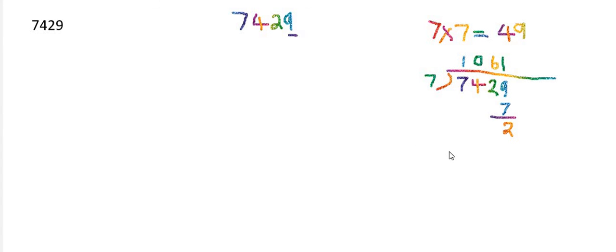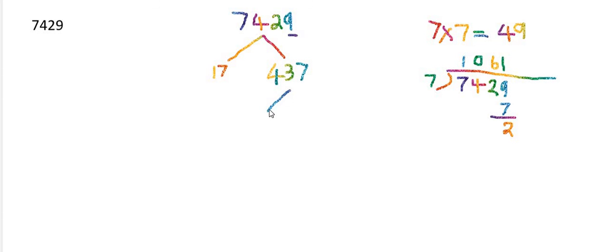So we try 17, and we check with 17 here. We can identify that 7429 is divisible by 17, and we get the factor 437. When the number is ending with 7, we can check divisibility by 3 or 9.